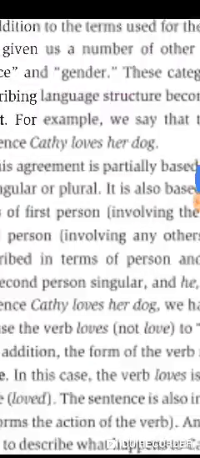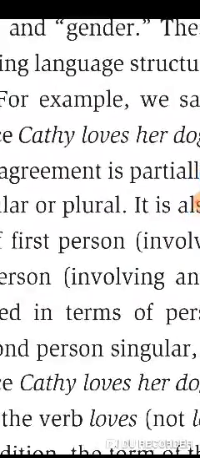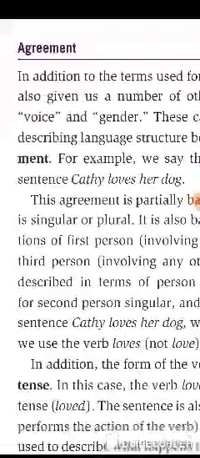Kathy is the name of a person, the third person singular. The verb must agree with it, so we add an S at the end of love to make loves. So these are instances of agreement.